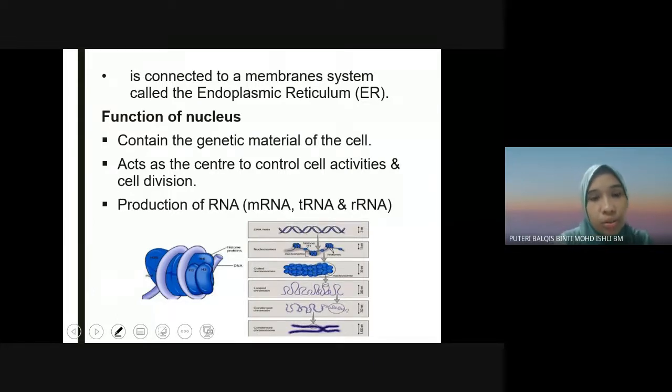And the function of nucleus: contain genetic material of the cell. Act as the center to control cell activities and cell division, production of RNA, mRNA, tRNA, rRNA. Nucleus ni basically is like brain of the cell.